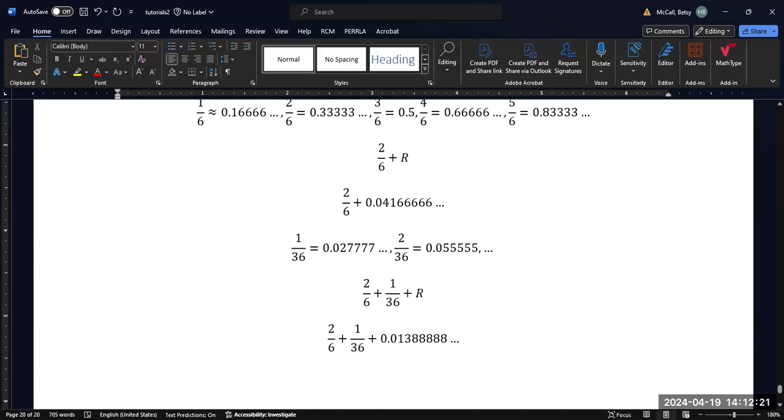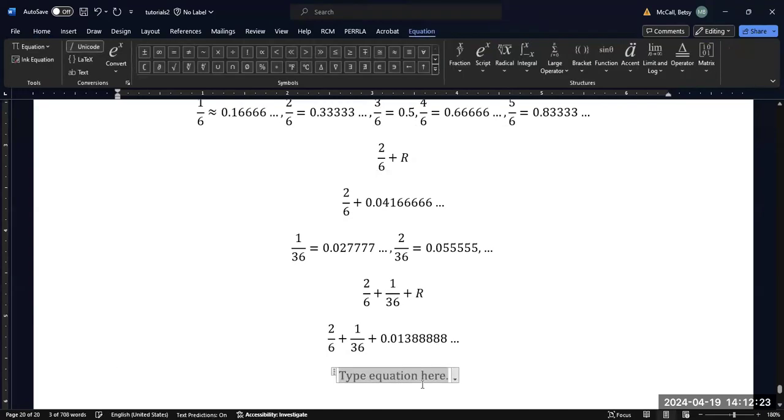So now I go on to my next round, 1 over 216, my next level fraction. Well, what's that going to be equal to? 0.00462963, blah, blah, blah.